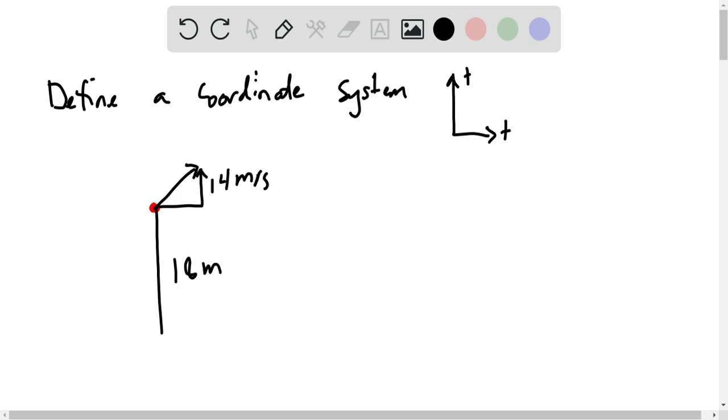So I've assumed that the ball is passing the window at some angle that we don't know, and I'm breaking up that velocity into its x and y components, and I've labeled the vertical component to have a speed of 14 meters per second. So next we need to write down our kinematics equations, and so I'm going to briefly reference them here.